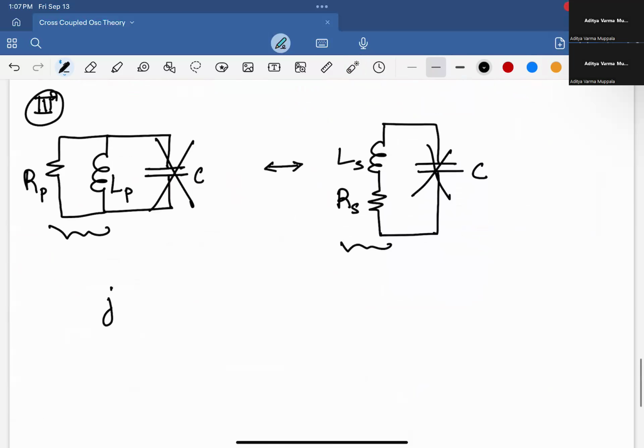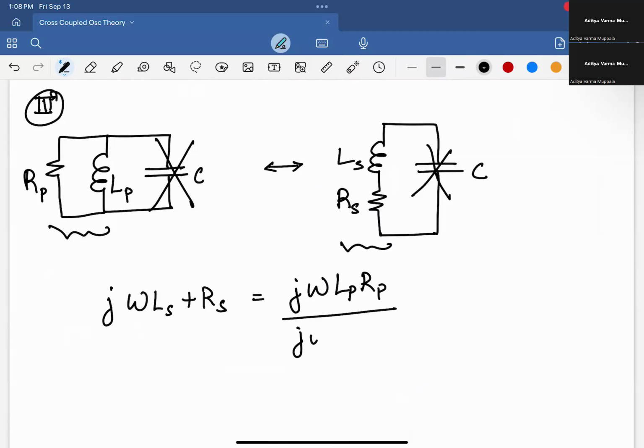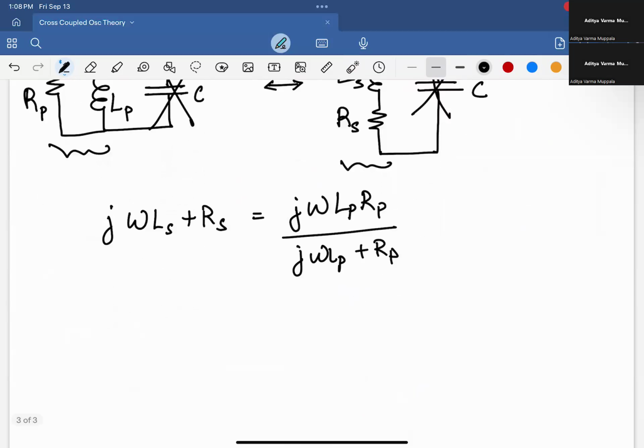And the series combination impedance is j omega Ls plus Rs, and that is equal to j omega LPRP over j omega LP plus RP, right? So this is some simple algebra. Basically, you can take this term there and multiply it out and then equate the real and imaginary parts. And eventually you'll end up with LP equal to (RS squared over LS omega squared plus LS).